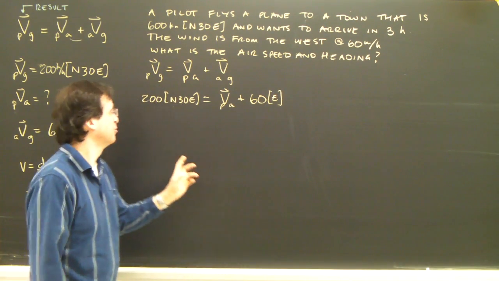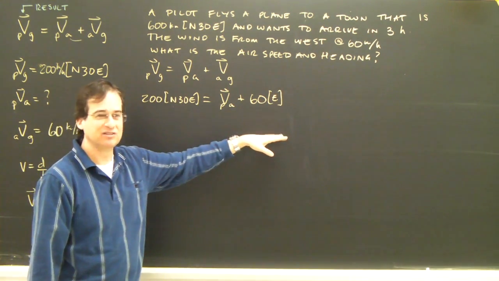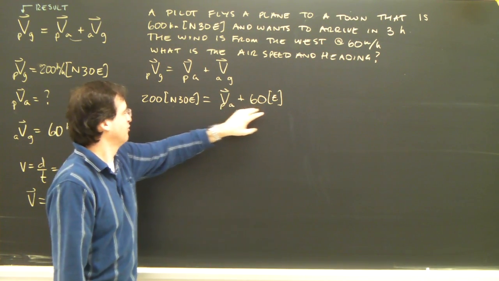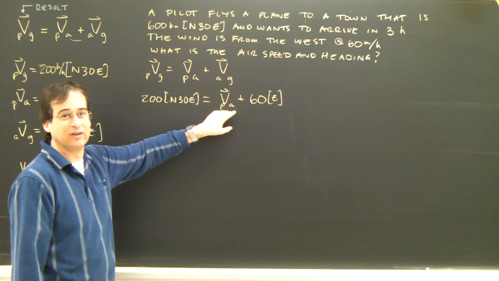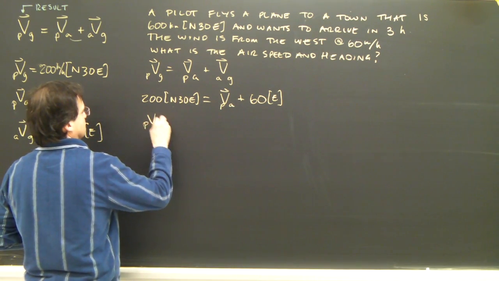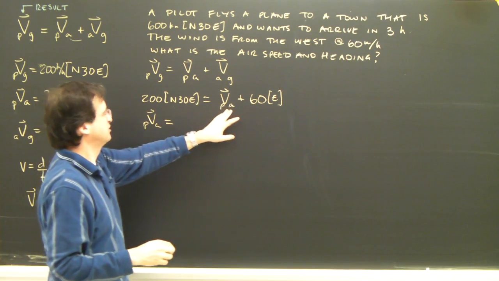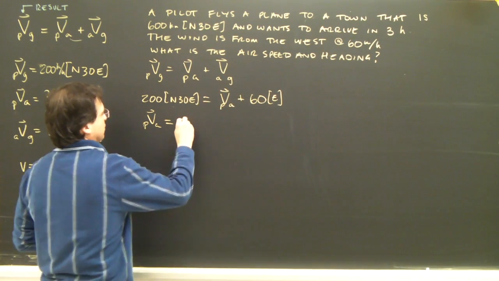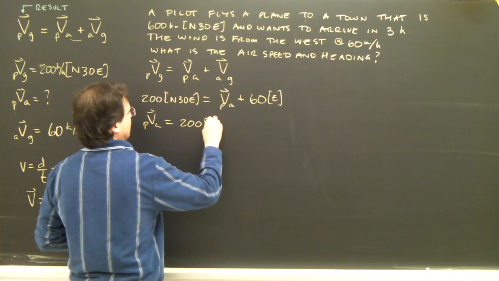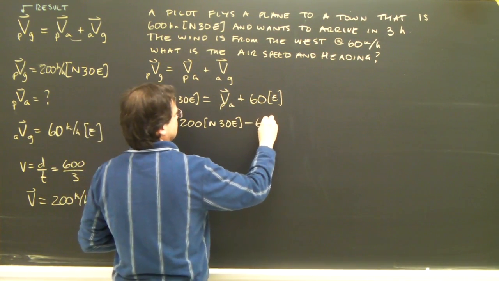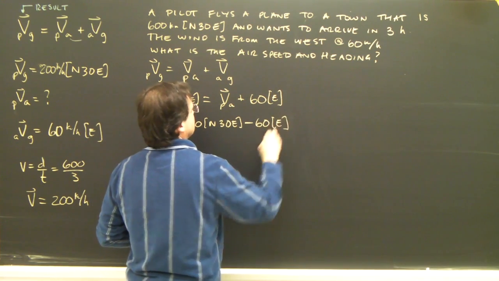As I've said a number of times, here's an equation, it doesn't matter that it's velocities, and it doesn't matter that it's relative velocities, I've got a vector equation, I need to solve for this. So I'm going to rearrange the whole equation, and if this stays on the positive side, this will move to the other side, so I end up with 200 north 30 east minus 60 east.